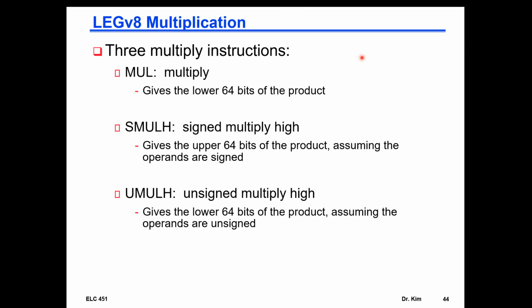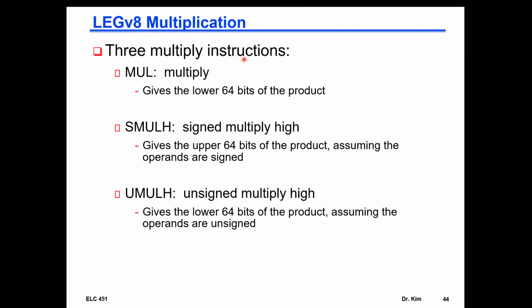Now that we have seen a little bit of the multiplication hardware, let's try to relate this to the actual ISA, the ISA of the ARM that we're looking at, the LEGv8.